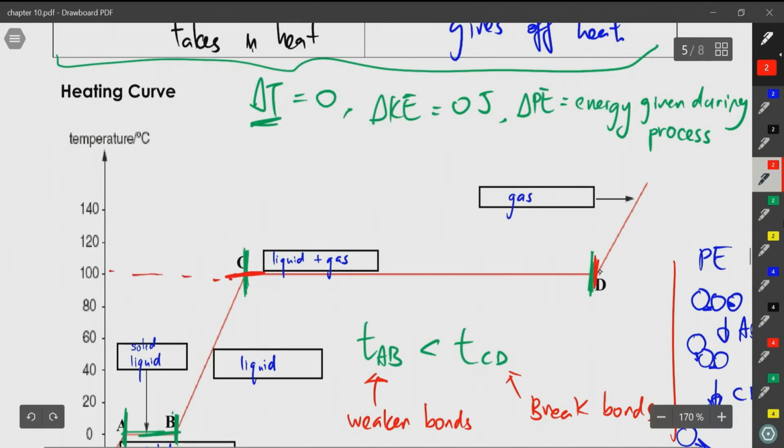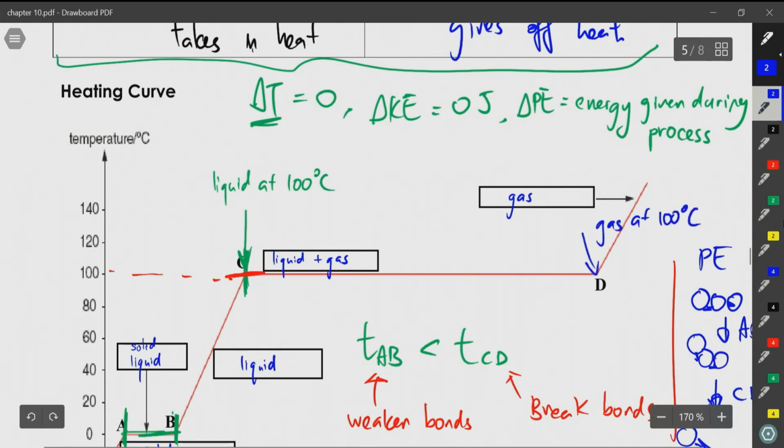Anything after boiling water is gas. So let's compare point C, where the substance is fully liquid, liquid at 100 degrees Celsius, and point D, where you have gas at 100 degrees Celsius. Which is more dangerous?